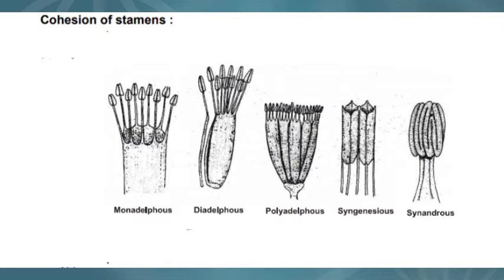In diadelphous, all filaments are fused into two bundles, anthers are free. In polydelphous, all filaments are fused into many bundles, anthers are free. In syngenesious condition, all filaments are free but anthers fused. In synandrous, anthers as well as filaments fused.